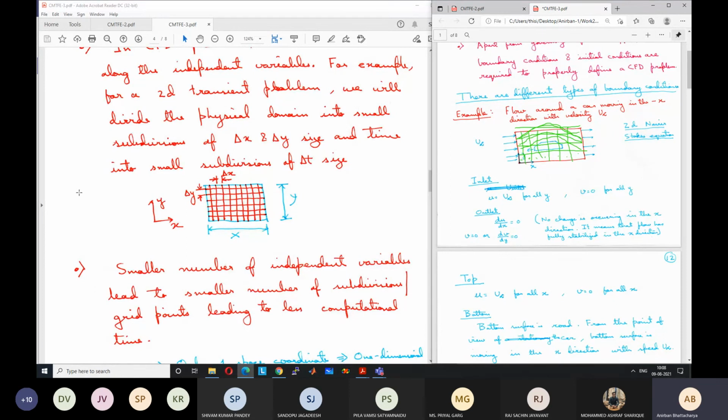So for example, if I have 100 equations, 100 grid points, and the time taken is 1 hour for solving that problem, then if I have 1000 grid points, which is 10 times more, the time taken will not increase by 10 times. The time taken will increase by cube. Cube of 10 is 1000. So instead of 1 hour, it will now take 1000 hours. So typically large CFD problems can take 1 day to solve or many days to solve.